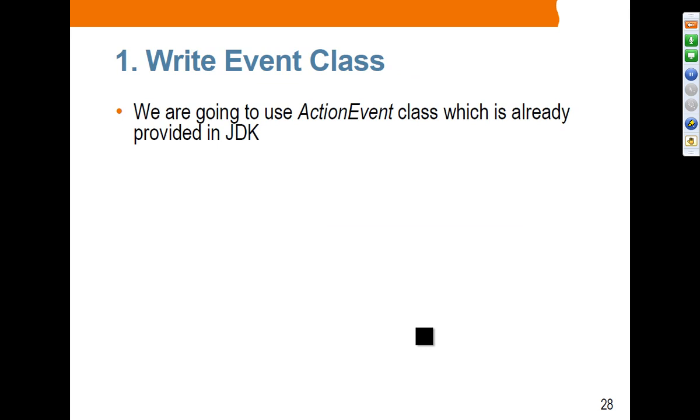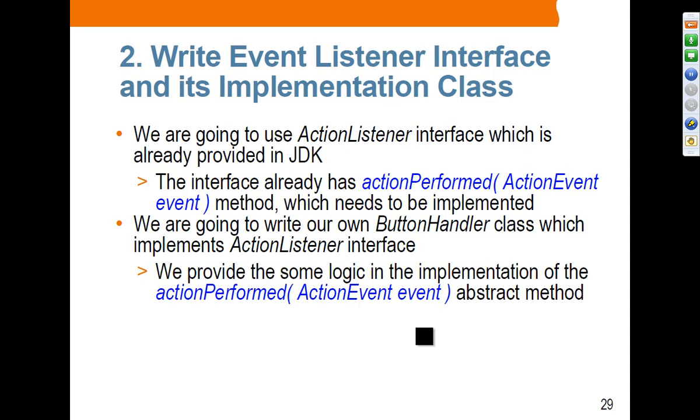Okay. So first, we are going to write the event class. In this sample application, we are going to use the action event class that is already provided in the JDK. And then we are going to write the event listener interface and implementation. Again, we are going to use the existing interface called the action listener, which is already provided in the JDK. By the way, interface and implementation is a very important concept.